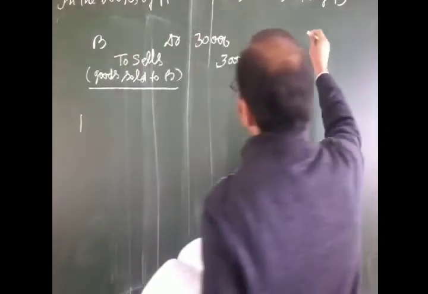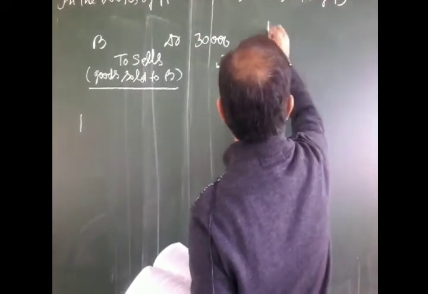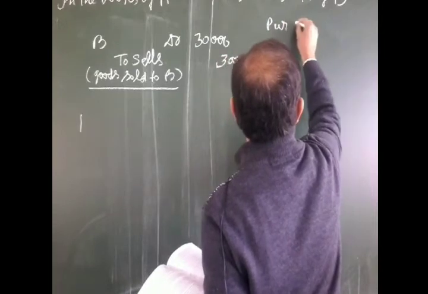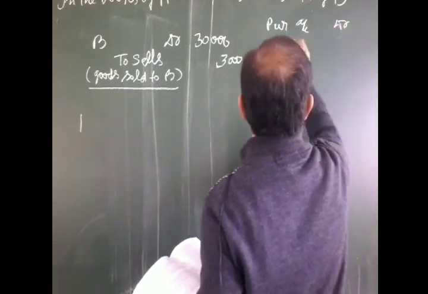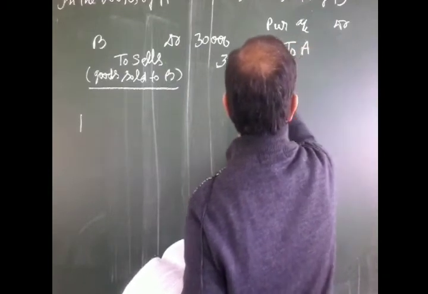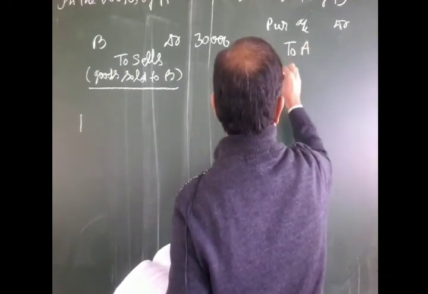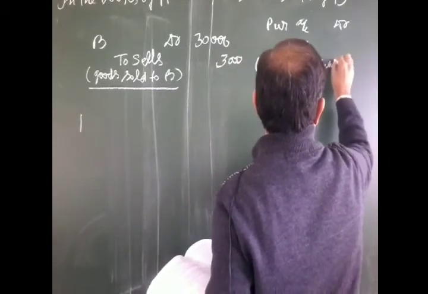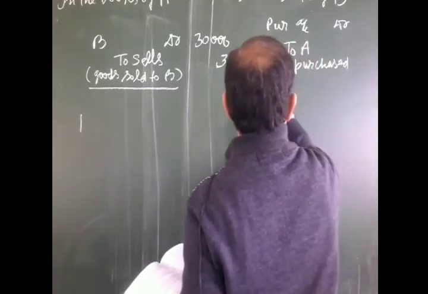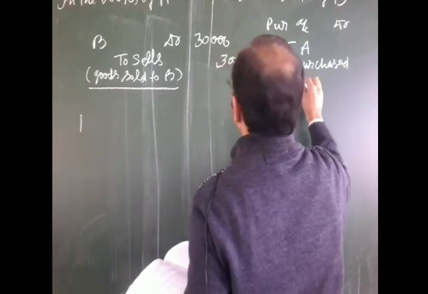And in the same way, we will write here purchase account debit to A. Goods purchased from A.